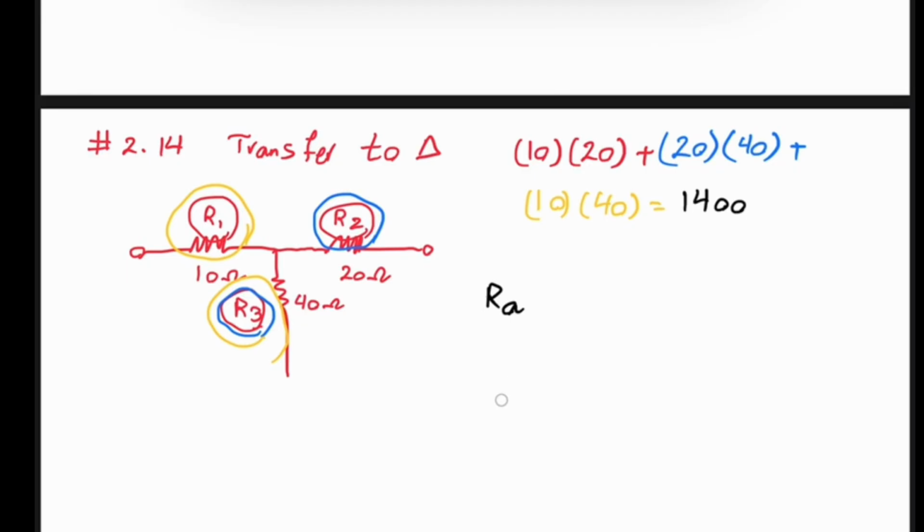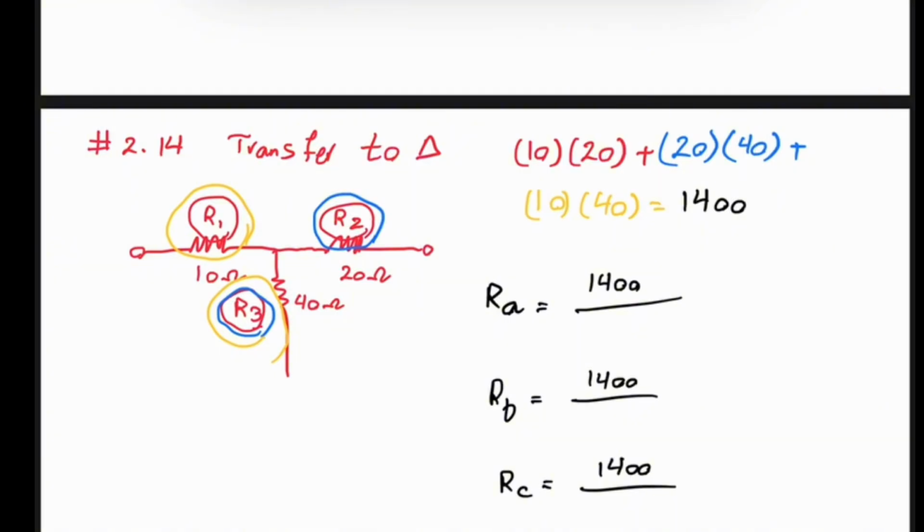So if I want to find my RA, RB, and RC, the numerator for all three is 1400.